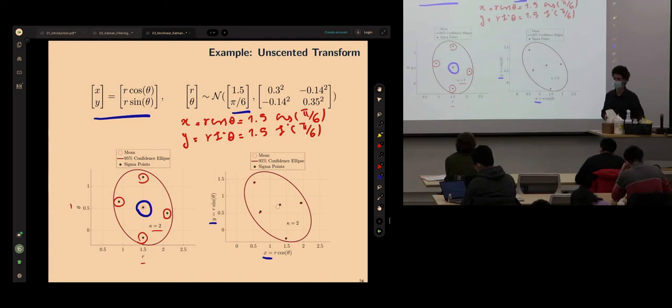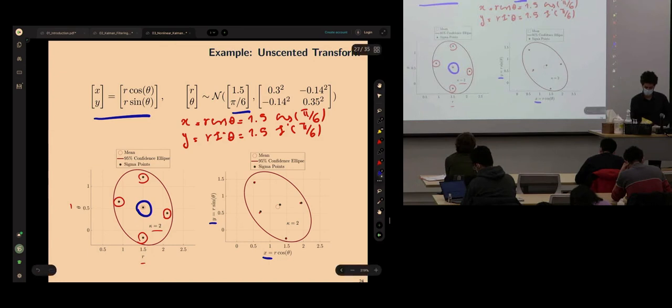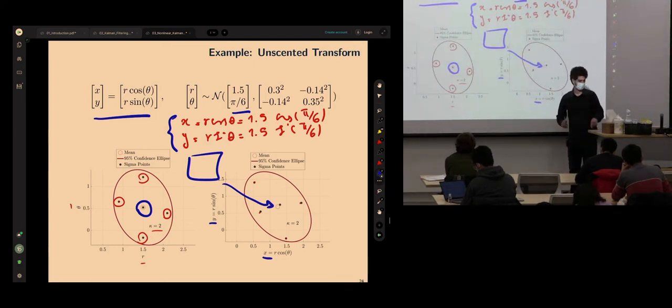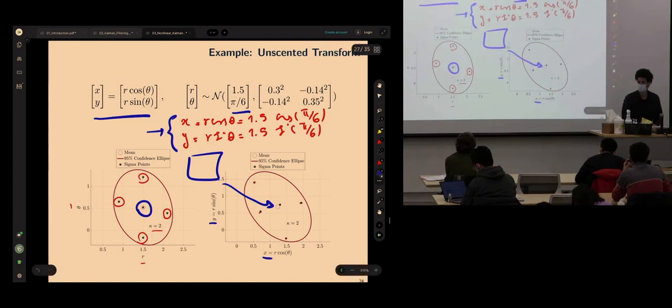It will give you this point, right? My point is that it's not the same thing as evaluating this. This part is clear, right? There is a magic box that will give you this point. This magic is the unscented transform. It is not the same as evaluating this. That's my point. Now you might want to know what's inside the magic box. That's the unscented transform. It could be other methods too.